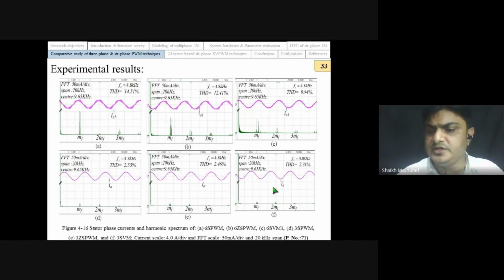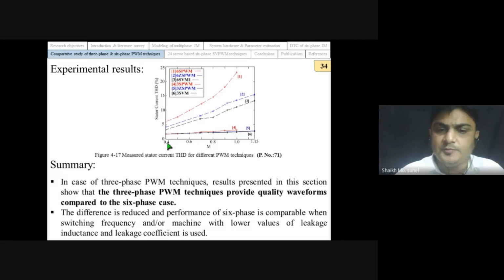What we can conclude here is that the 3-phase PWM technique has an advantage in comparison with the 6-phase PWM technique. These are the results at different modulation indexes. The three-phase PWM technique provides quality waveforms, and this gives us the idea that now we have to work on the six-phase PWM technique in such a way that we can reduce the six-phase current distortion.